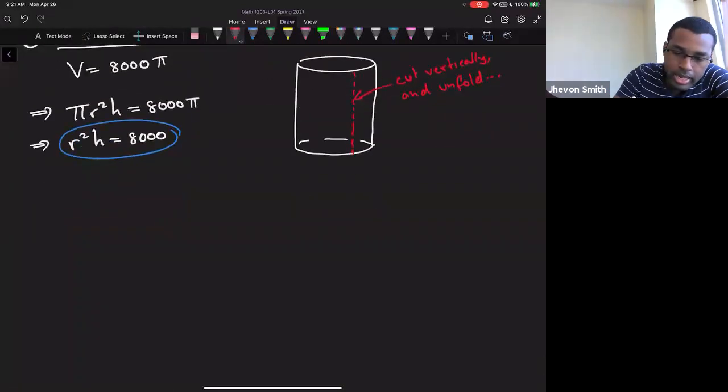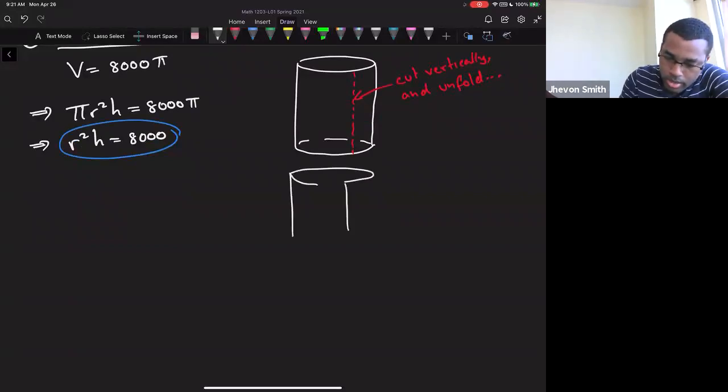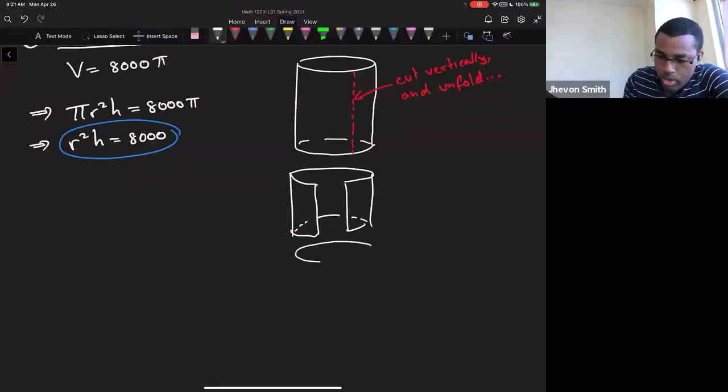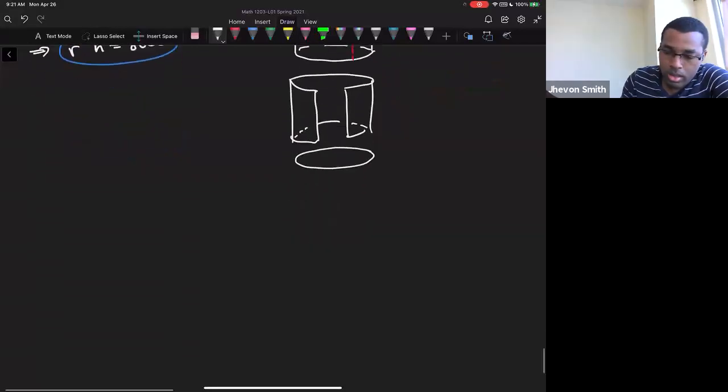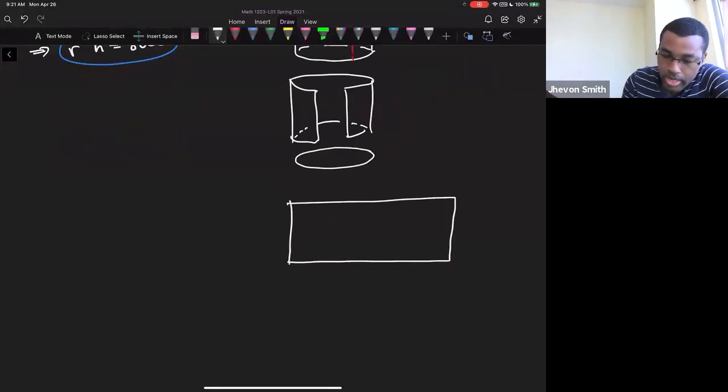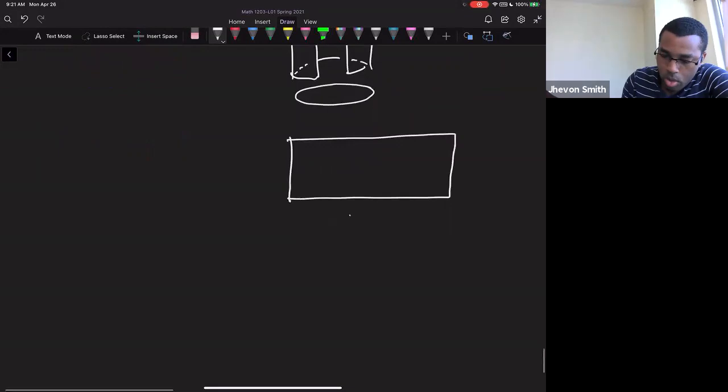You'd realize that the can is made up of a couple parts here. So you're going to start unfolding it. You're going to have that base, which is a circle. Eventually you can unfold it and it'll be a rectangle. You would have one circle.